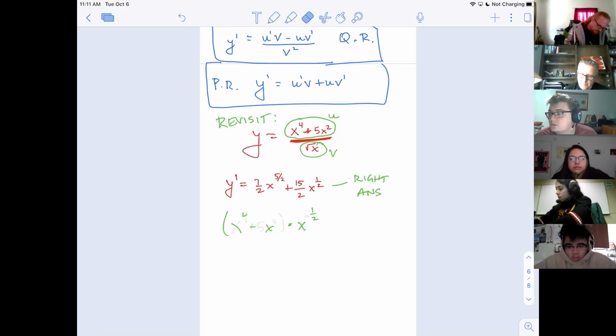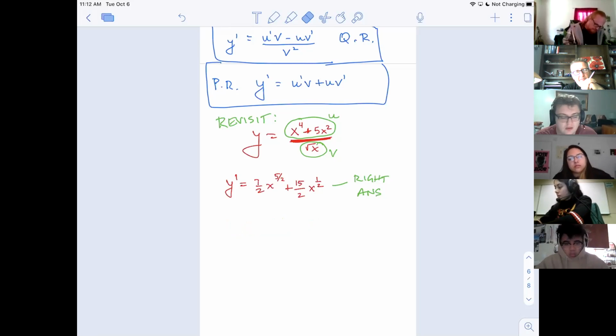So for this problem, is v root x, or is it 1 over root x for doing the problem? It is root x. In other words, the v is x to the 1/2 power.